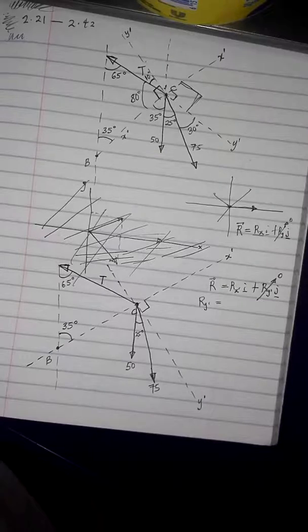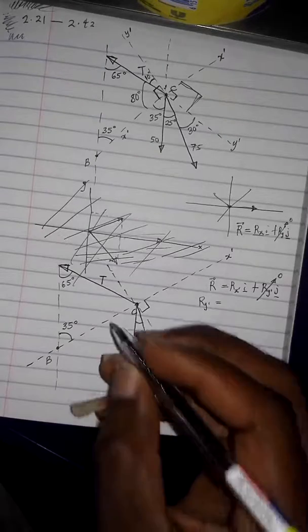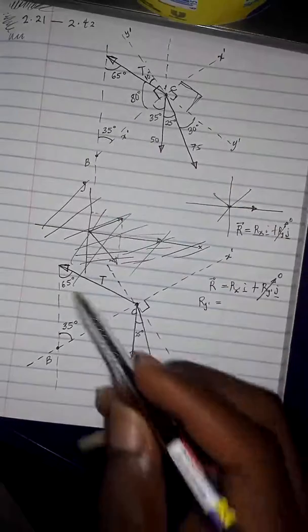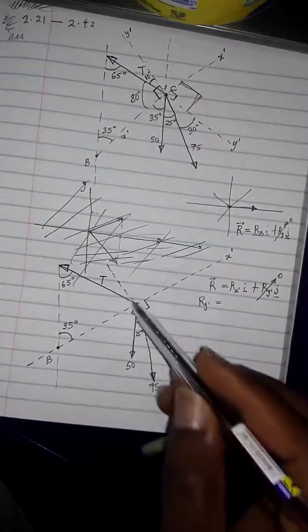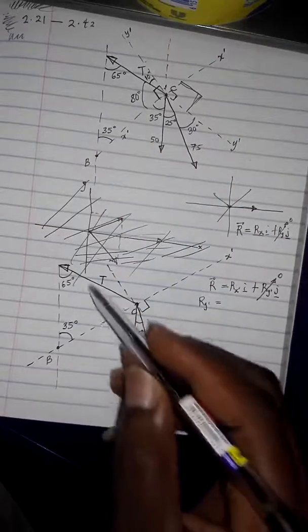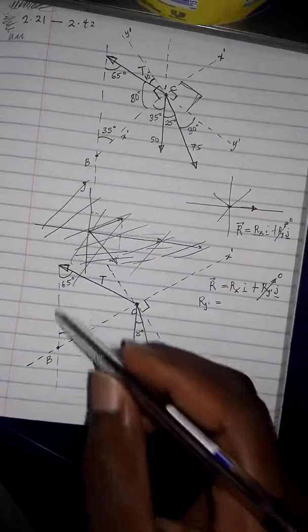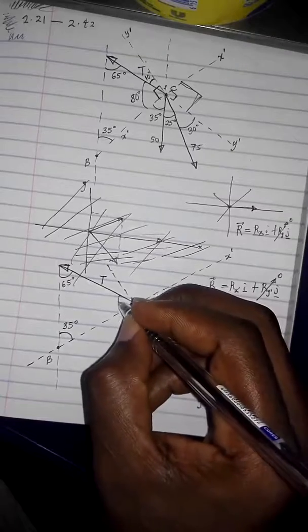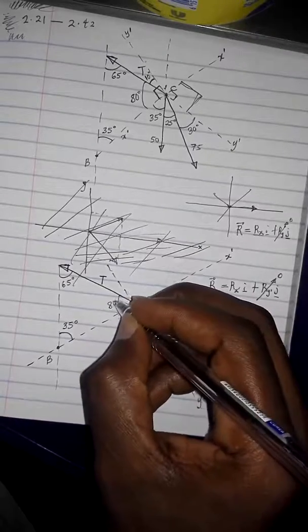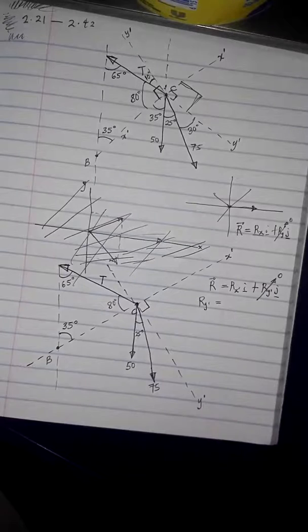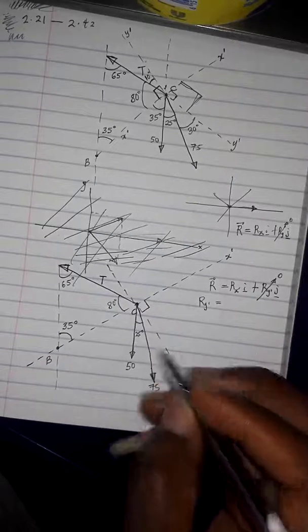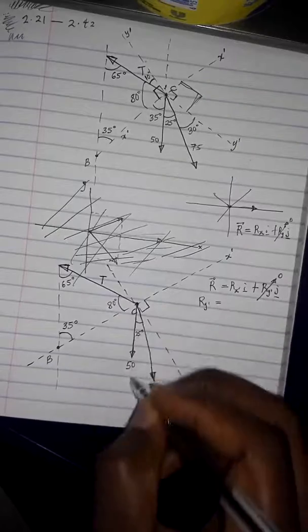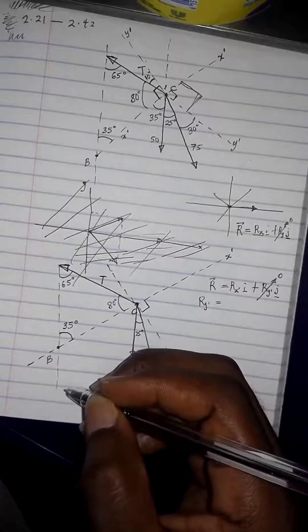Okay, so to do that, we get the angles involved like we have done right here. This is 65, 65. These three lines make a triangle. 65 and 35, when you add them, give you 100, and this will so give you 80 degrees. You can leave it at that if you like, and then we know that this one is vertical, just like this line is vertical as given in the diagram.